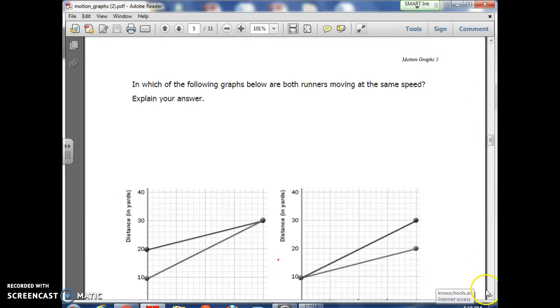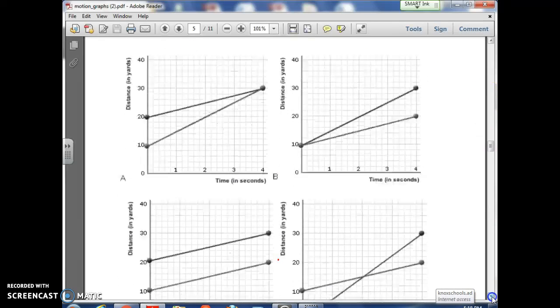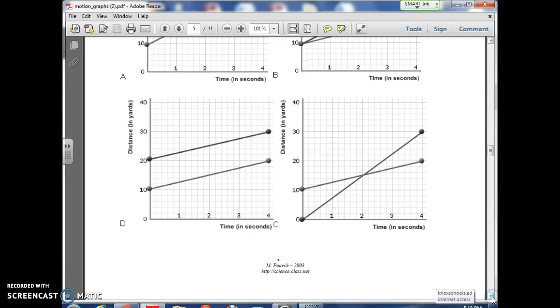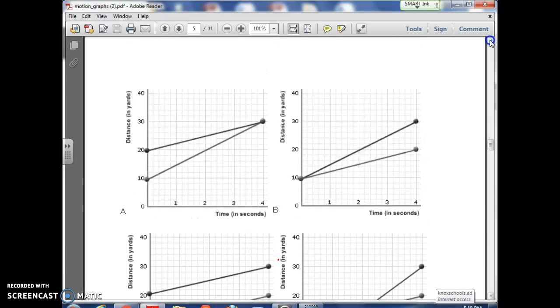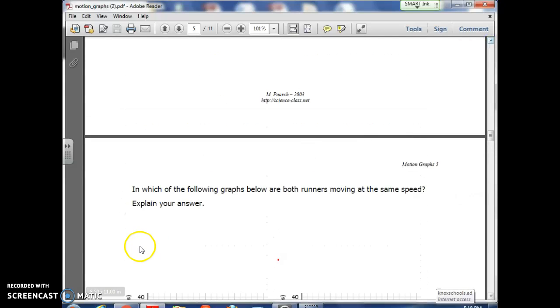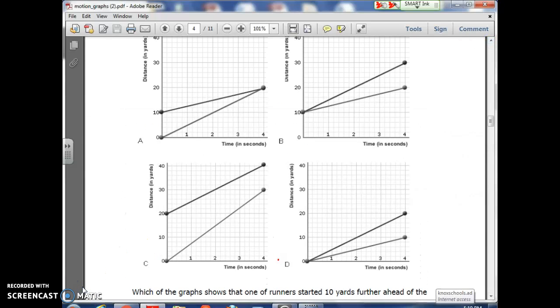Alright, so do the same thing. Let's look at the 4 graphs. Write your answer, A, B, C, D, and explain it. Maybe with one sentence.